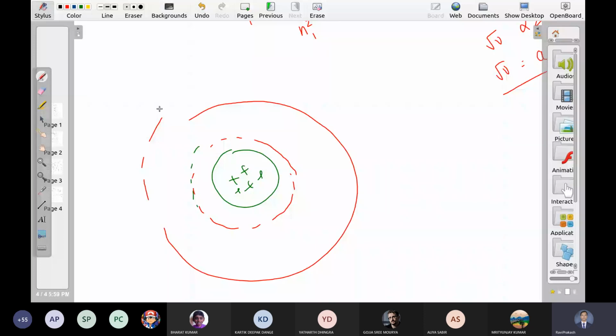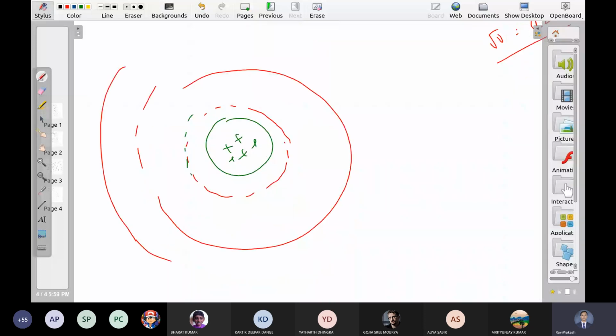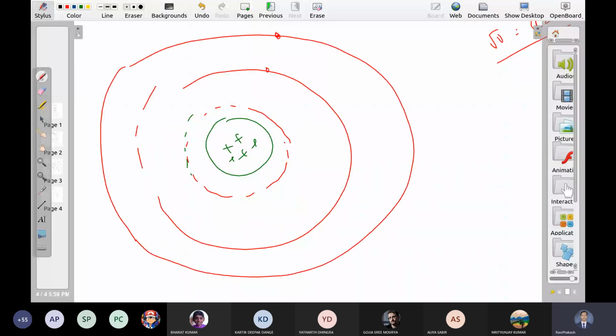Now let us assume an electron is jumping from E3 to E2. So what are the forces working on this electron?